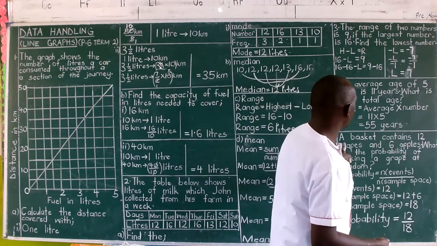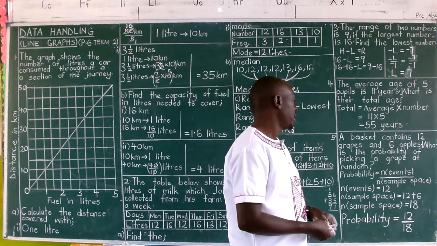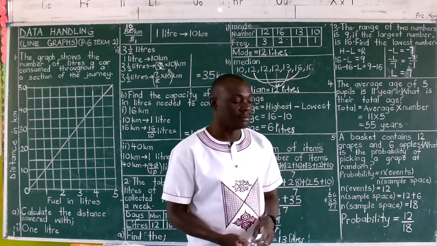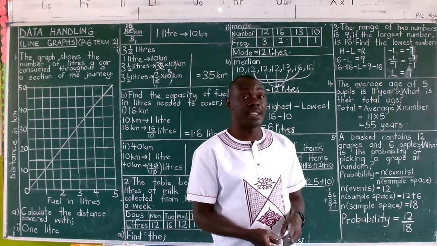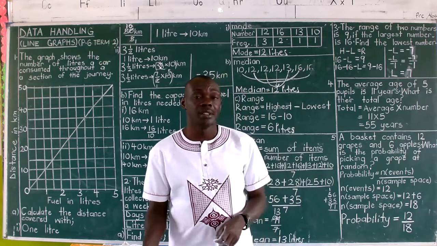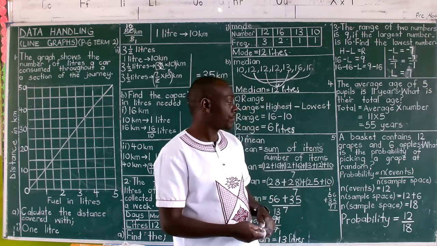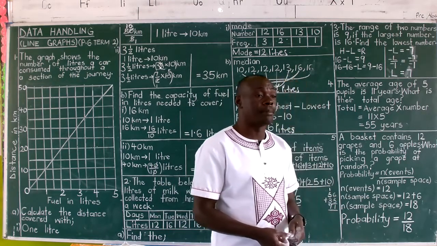A basket contains 12 grapes and 6 apples. What's the probability of picking a grape at random? This is just a reminder of what we did in the previous class, P5, about probability. We said probability is the chance of an event happening. So it's found by this formula: probability is number of events divided by number of sample space.